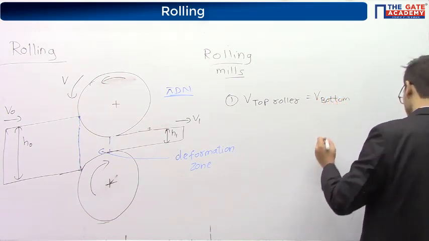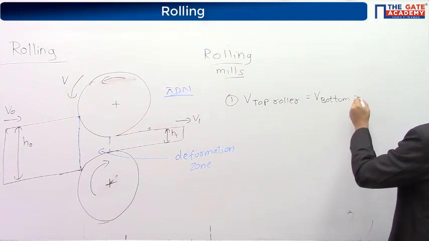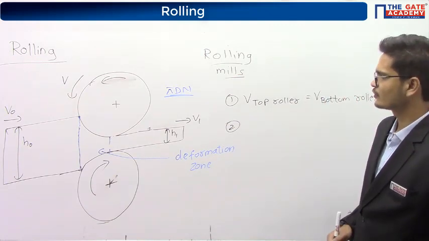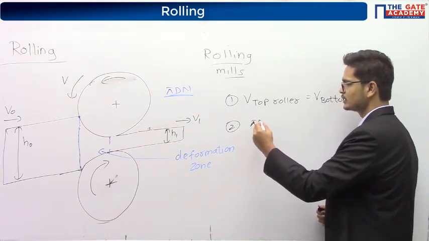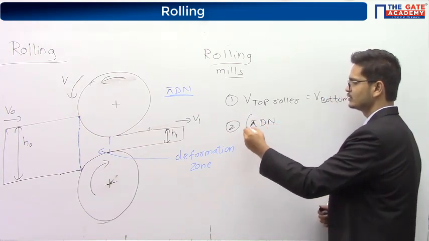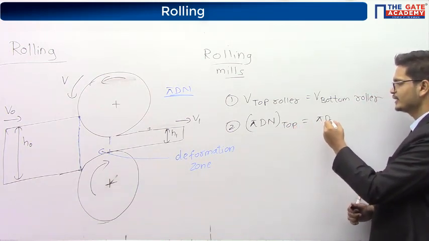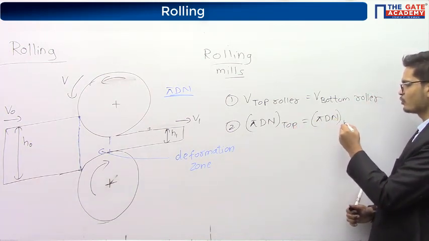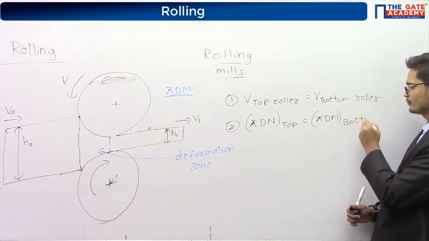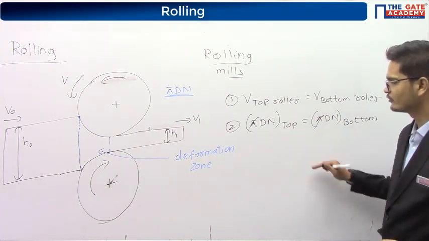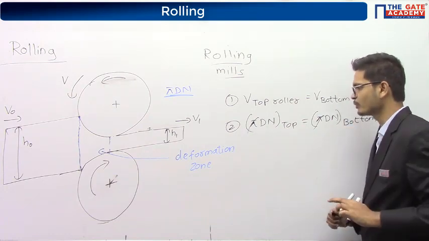Velocity is pi dn, so pi dn top is equal to pi dn bottom. Pi gets cancelled, and we are left with dn top equal to dn bottom.